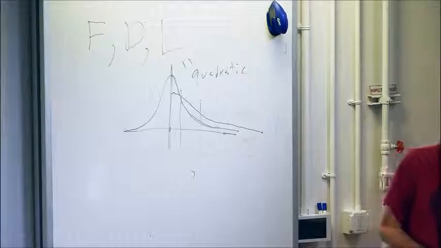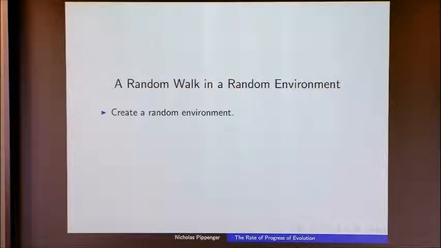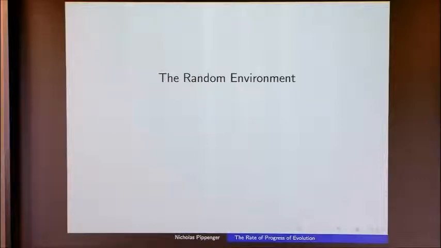So there are two types of randomness going on here. First, there will be a random process that creates an environment in a random way, and then our species will take a random walk in that environment, and the environment remains fixed once it's been generated.